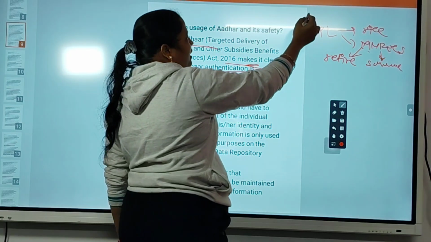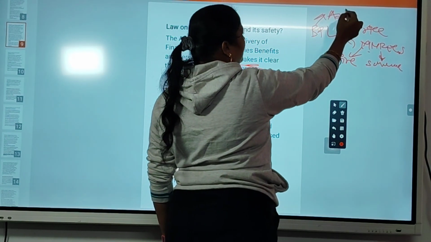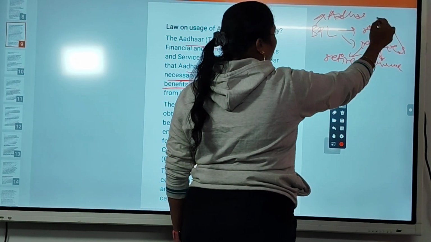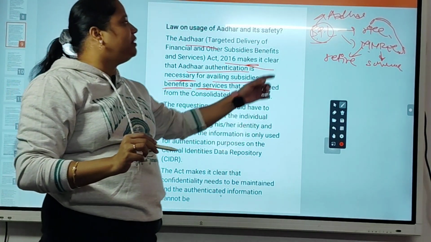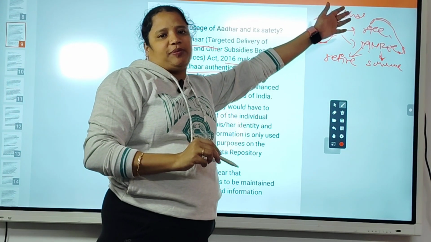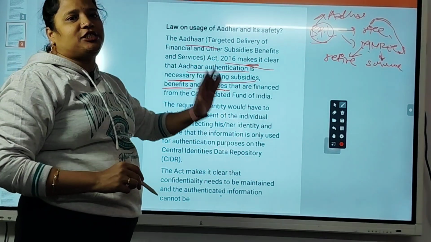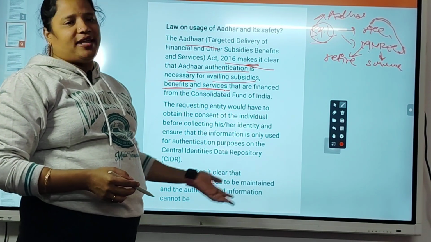If anyone steals the BPL family's Aadhaar information, they can access all these benefits. What the original person has to get, the false person will get. That is the problem. That's why we have to keep our Aadhaar very safe.